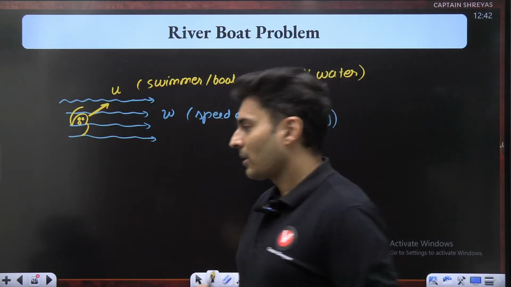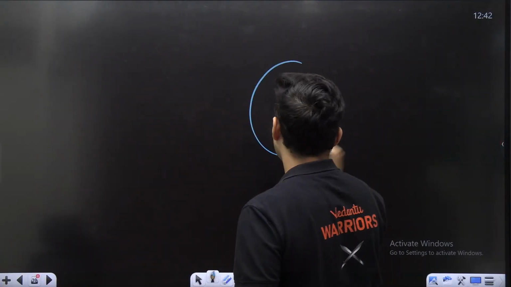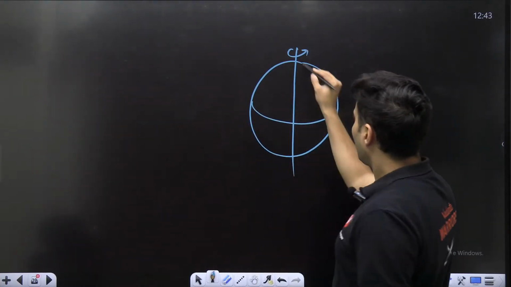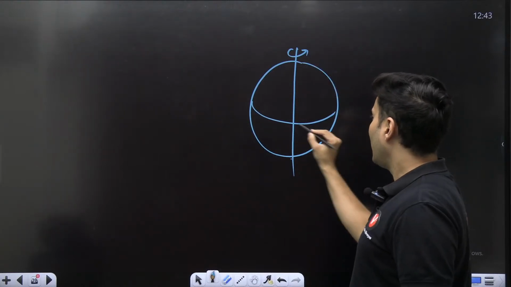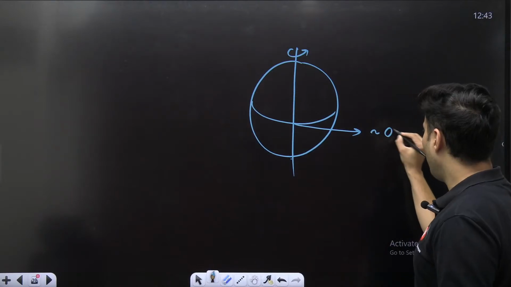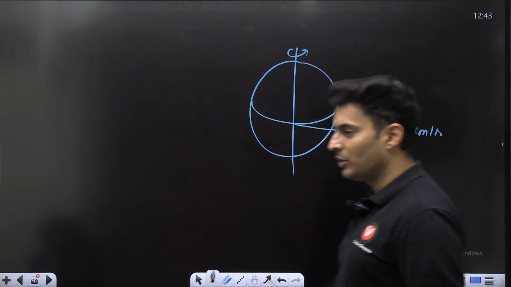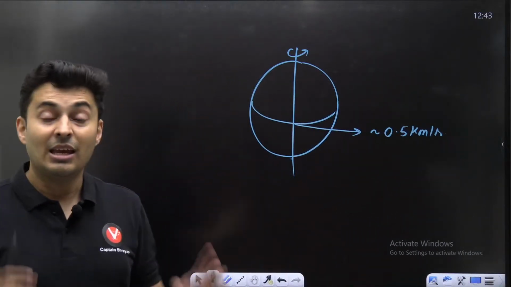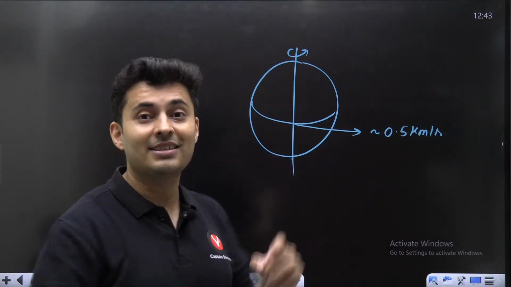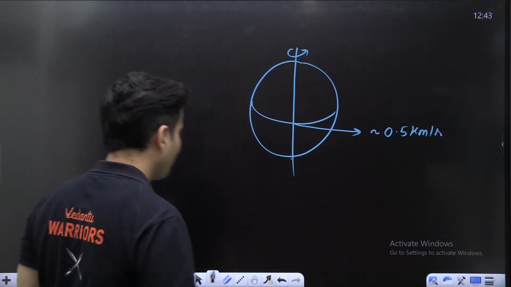This is the phrase which you will usually see in your question papers: with respect to still water. Just think about it. When our earth spins, at the pole your velocity is 0, at the equator your speed is quite large. Typically it is 0.5 kilometers per second, slightly less than that.